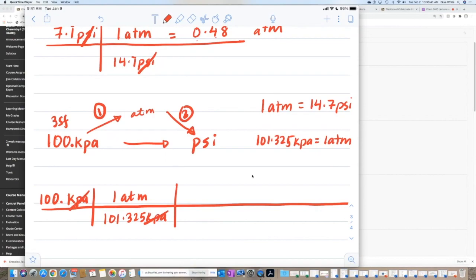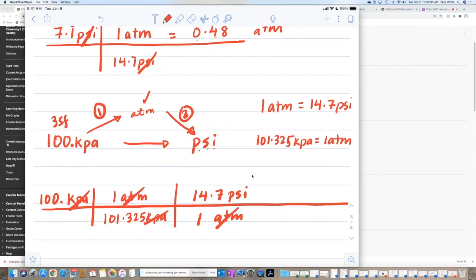My next move, I'm trying to get to psi through ATM. So right now I'm here. I have to get rid of ATM. I put 1 here. And then the top number is 14.7 psi. So you see how it's not really that different?